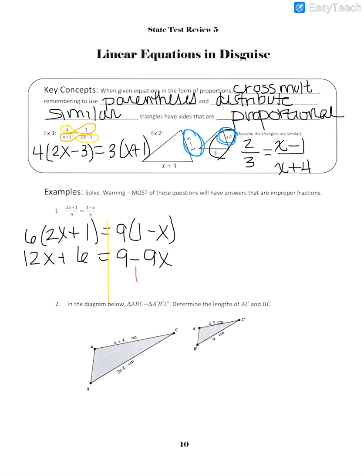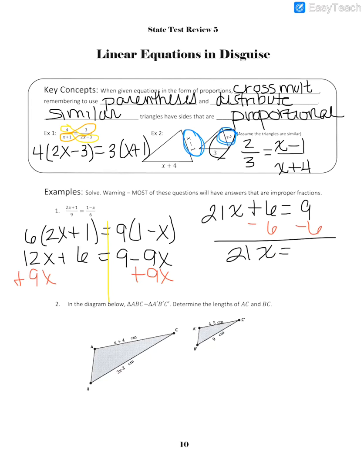My negative 9x is smaller, so I'm going to add it. That gives me 21x plus 6 equals 9, minus the 6. 21x equals 3. Divide by 21.